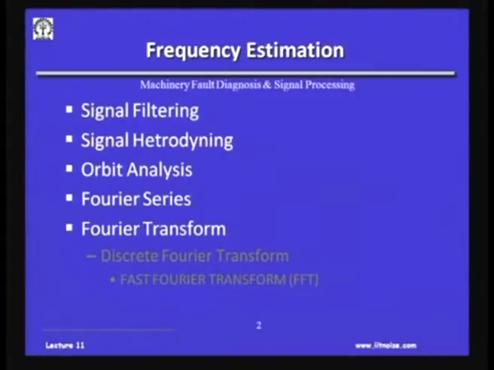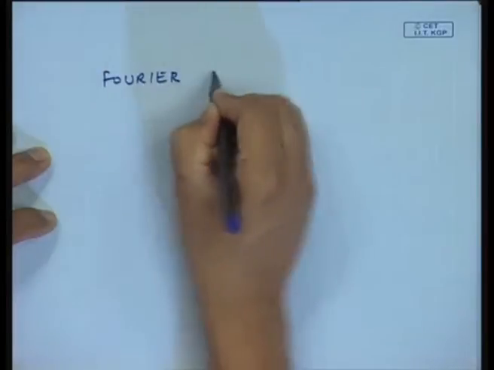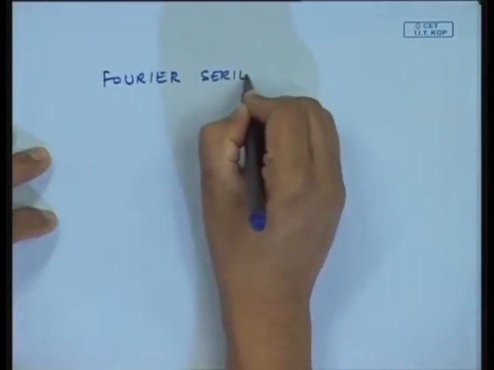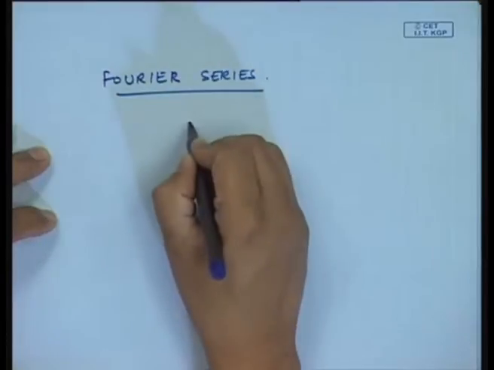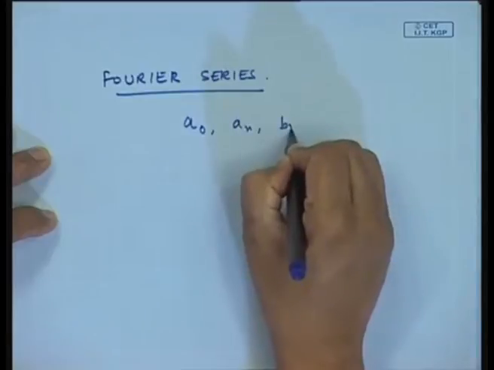And of course, mathematically, if the function is periodic and mathematically describable, we could use the expansion of Fourier series to find out the frequency content in the signal. For example, when we do Fourier series, we find these coefficients A naught, A n and B n.